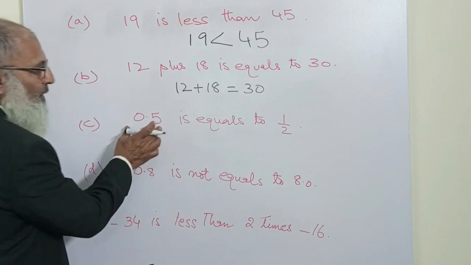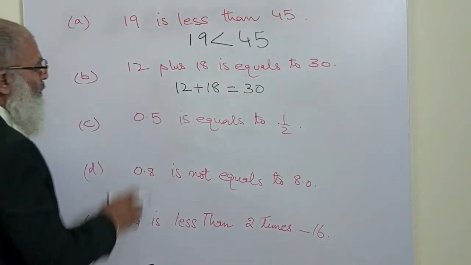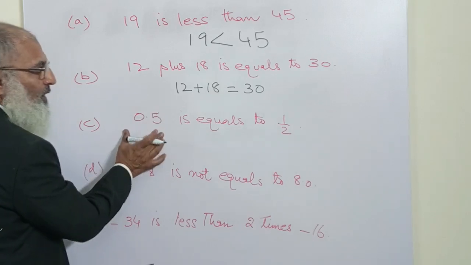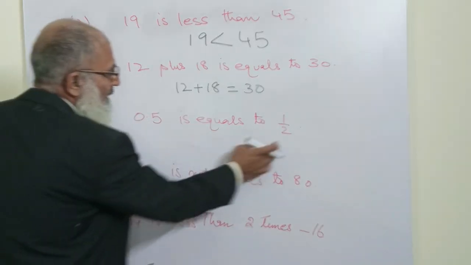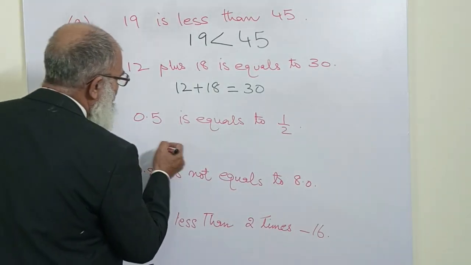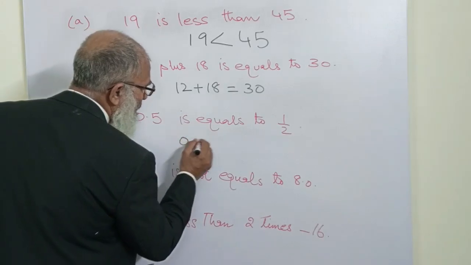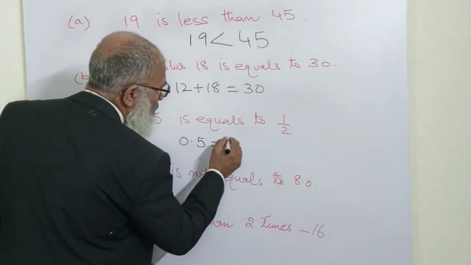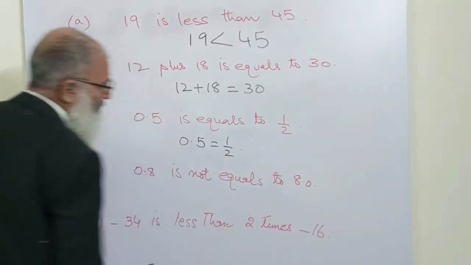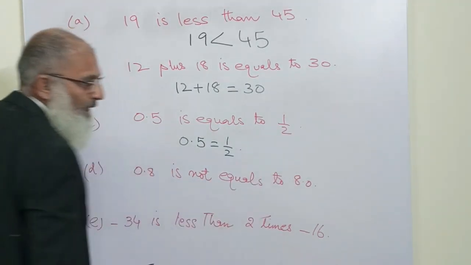Now this 0.5 is equal to half. It is correct, because this is the decimal way of writing a fraction and this is the fractional way of writing a fraction, so I can write 0.5 is equal to half. 0.8 is not equal to 8.